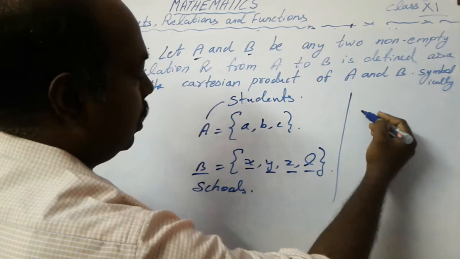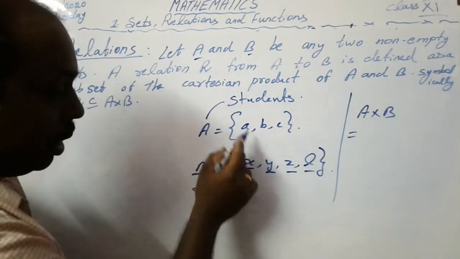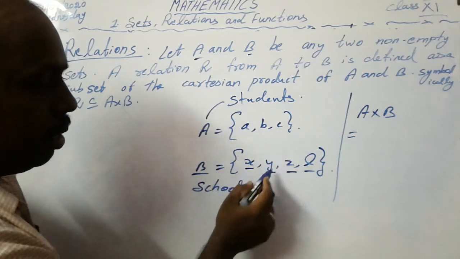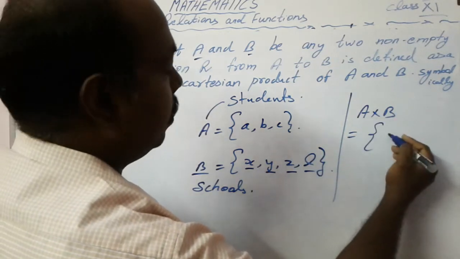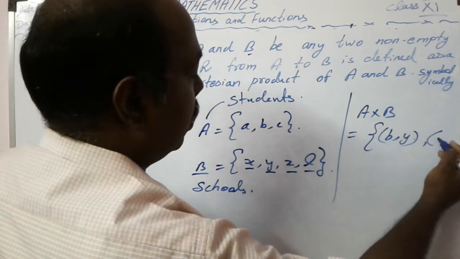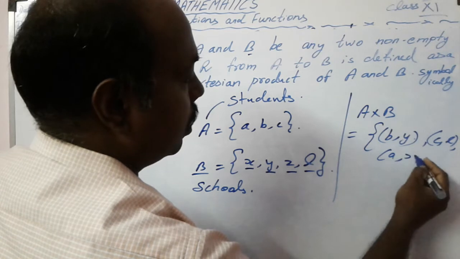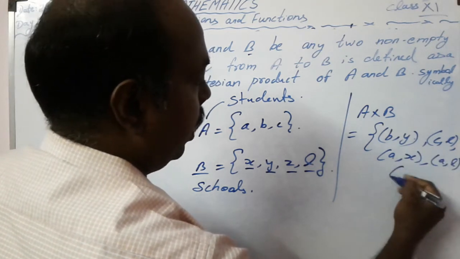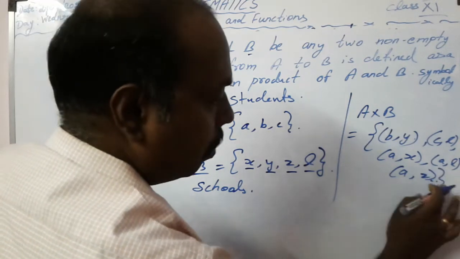How will you write the relation A cross B? A cross B equals: it will come a into x, a into y, a into z, a into l, b into x, b into y, b into z, b into l, etc. Some relations I am taking: (b, y), then (c, l), then (a, x), then (a, l), (a, z), etc. Some of the relations I am taking.